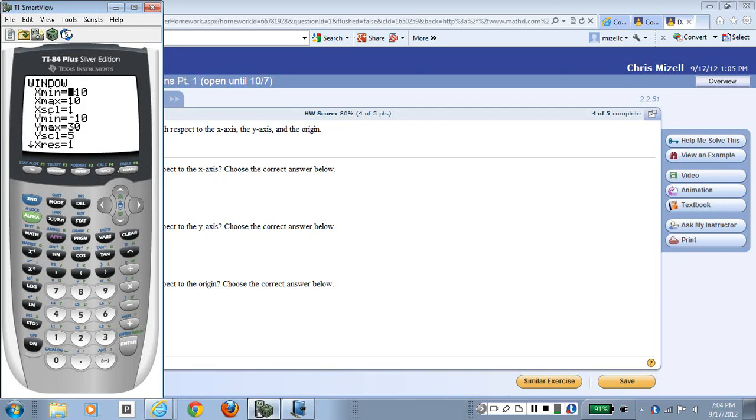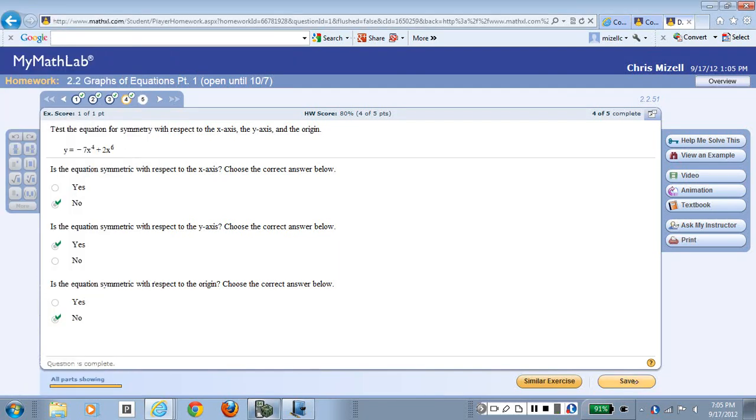A better viewing window might have the x-min equal to maybe negative 5, the x-max equal to 5, y-min a little lower, and y-max seemed to be okay. There we go, a little bit better viewing window there, but either way we can see it has y-axis symmetry.